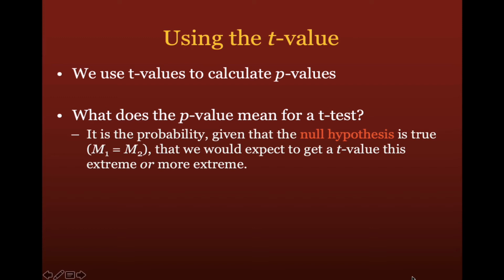Remember, that t-value is simply the ratio of between over within, right? Larger t-values indicate that it's less likely for you to get that particular result if the null is true. Smaller t-values are more likely to occur if the null is true. So what you want to have is a large t-value.